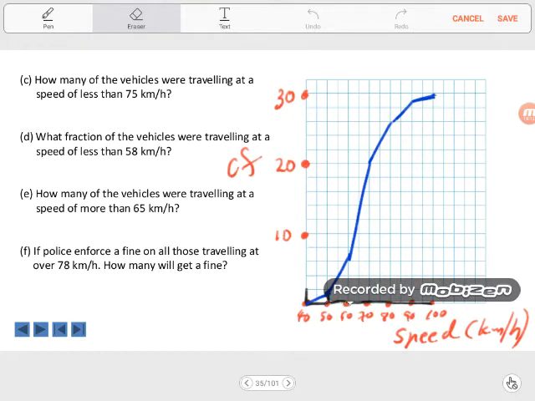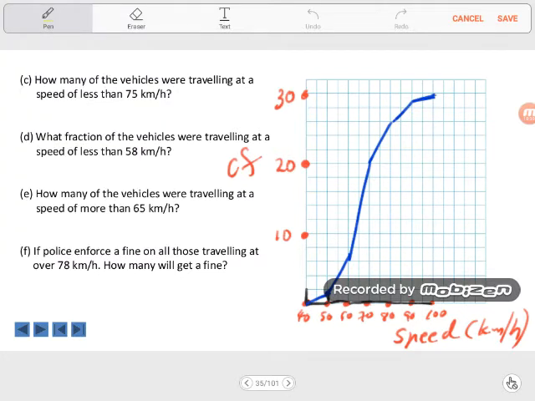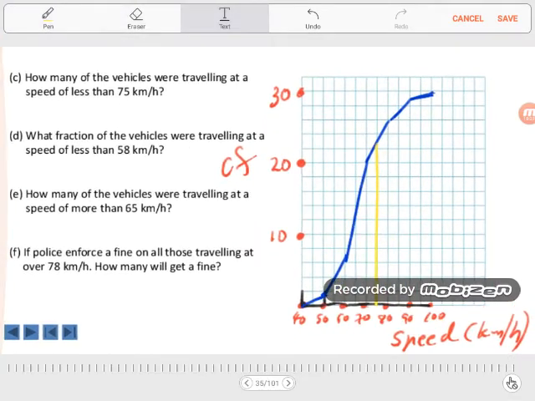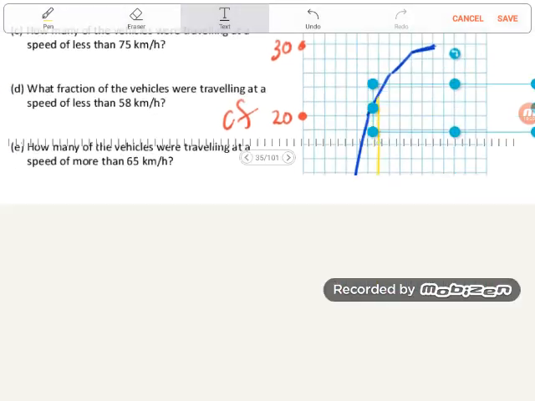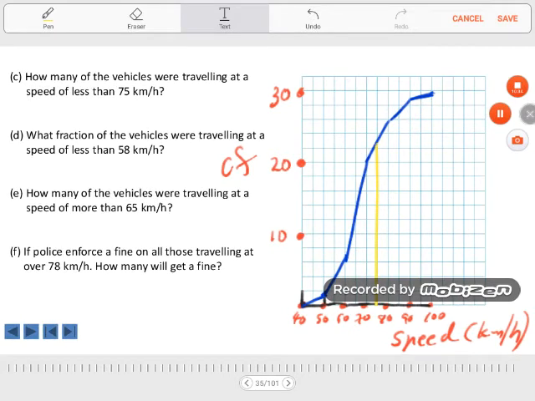So 40, 50, 60, 70, 75 here. And I'll just get a pen going. Okay, so 75. We go from there, we go up to the ogive, and then across.